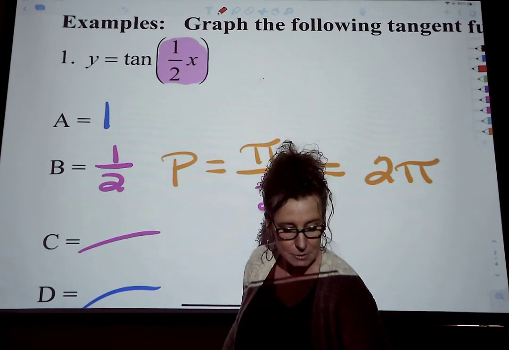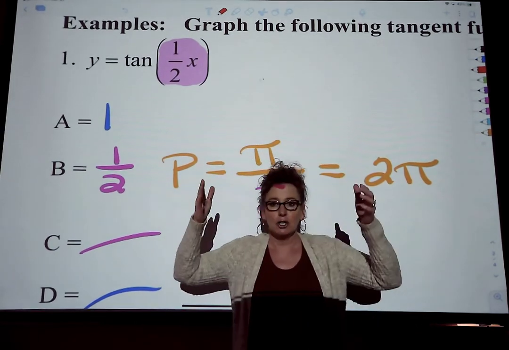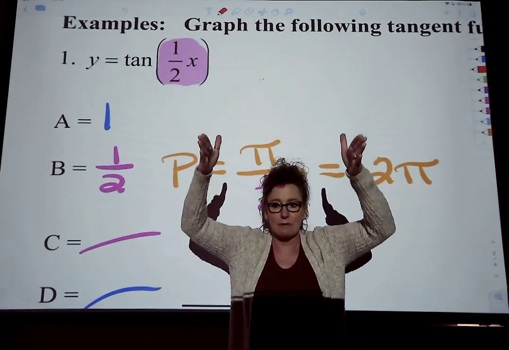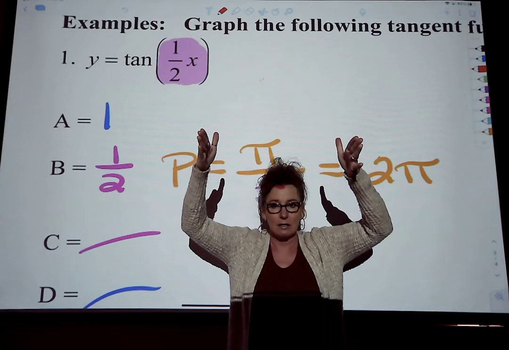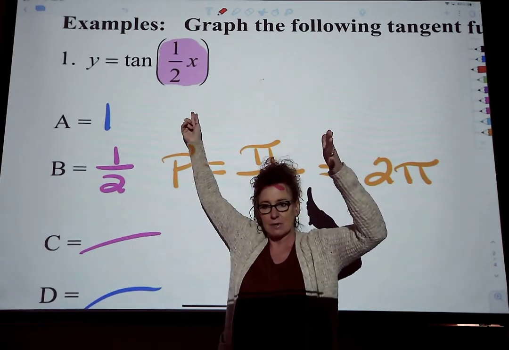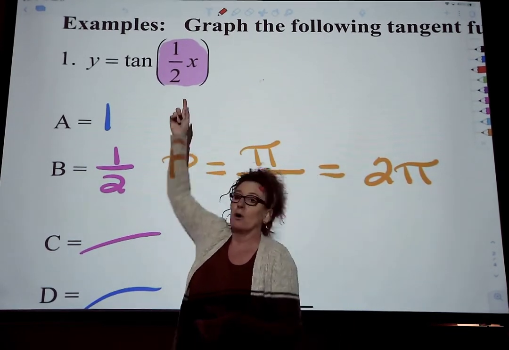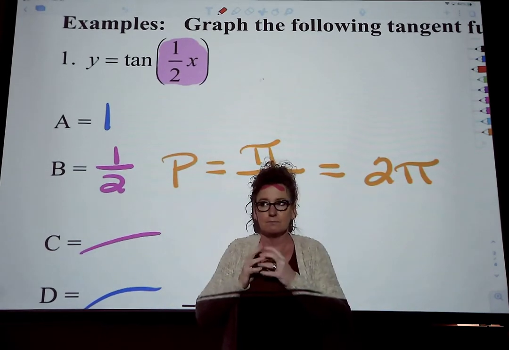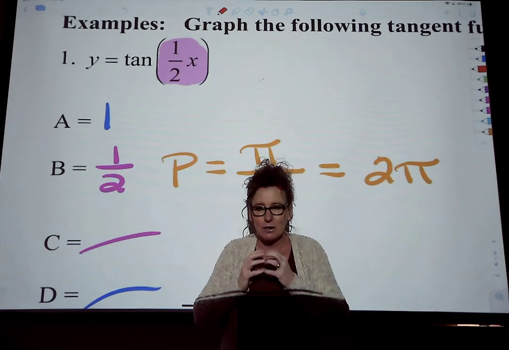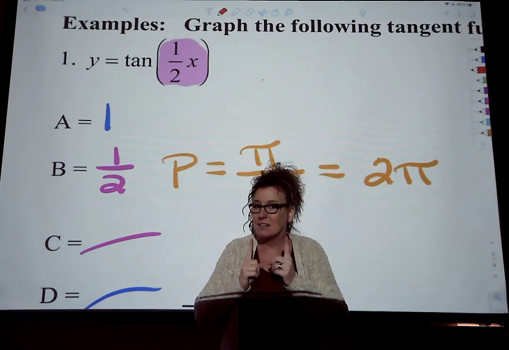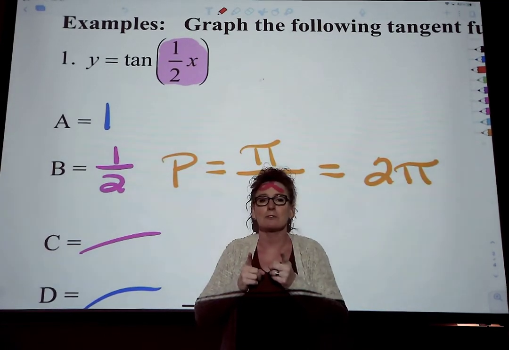You know what that means? This graph has been transformed. Normally, you would see your asymptotes have a width of pi. Not on this one. This one's undergone a horizontal, horizontal what? 1/2? Horizontal stretch, because it's backwards from what you would think.